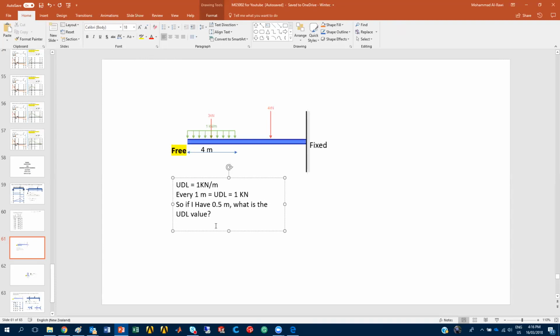So now, if the length is 3 meters, or let's say 3.5, what is the weight? Try now.